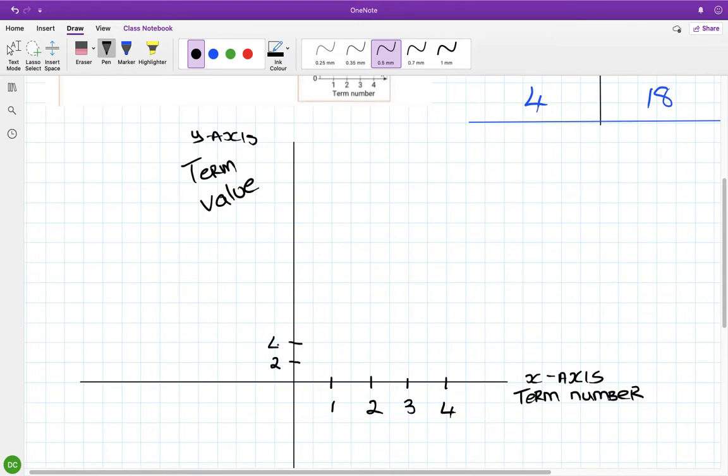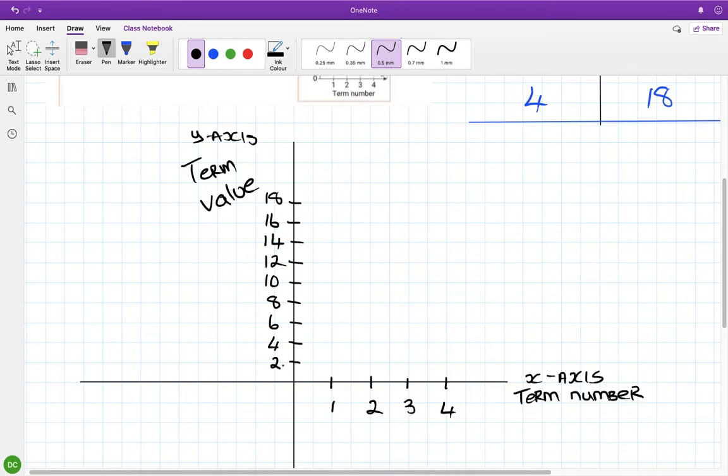Next box will be 4. Next box will be 6. Next is 8. Next is 10. Then 12, 14, 16, and 18. Okay, so I made a 1 box jump from my first box, so I had to be consistent with that.